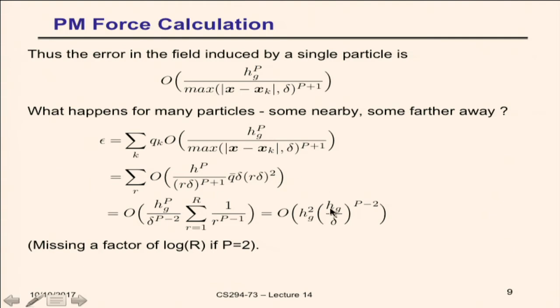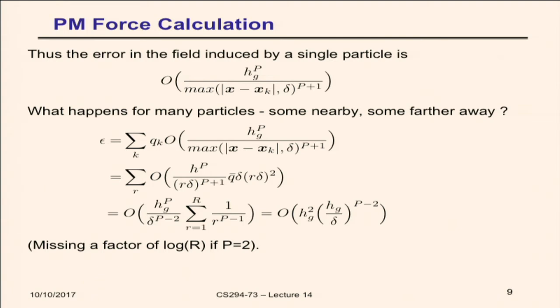This guy here, (h_g over delta) to the p minus 2, typically what you're going to do is target delta to be comparable to h_g, some multiple of h_g.